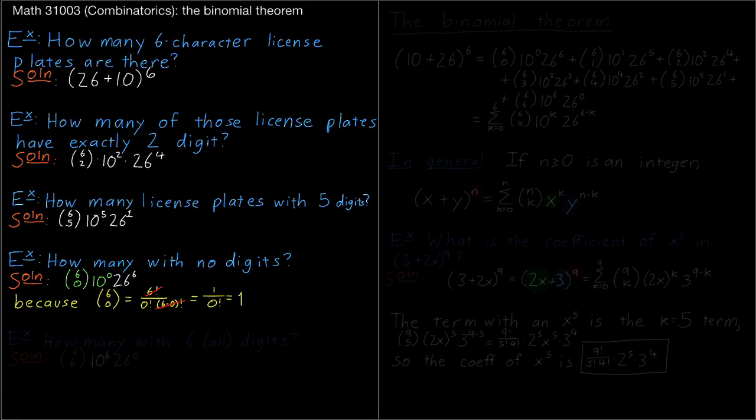And similarly, the number with all digits is going to be just 10 to the 6th, because we've got 10 digits, first, second, third, and then we multiply by 26 to the 0th power, and then 6 choose 6. 6 choose 6, that's 6 factorial divided by 6 factorial, which is 1.